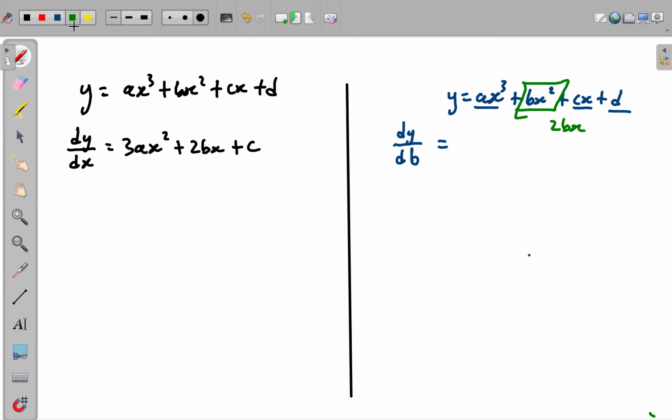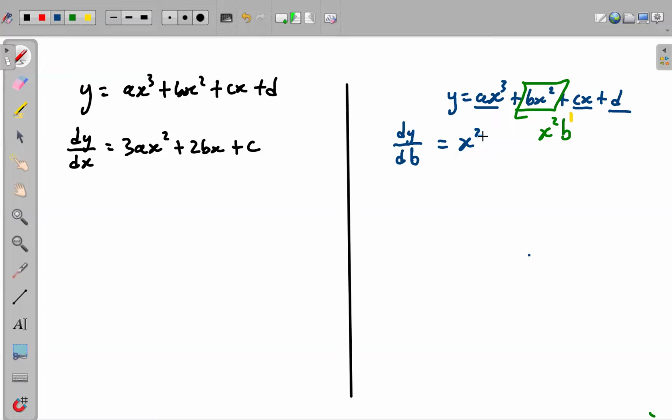So you need to see this term here as x squared times b. So when you differentiate with respect to b, you're actually having an exponent which is 1. So 1 times x squared is just x squared, and 1 minus 1 is 0. So b to the power 0 is a 1. So actually you are left with just x squared.